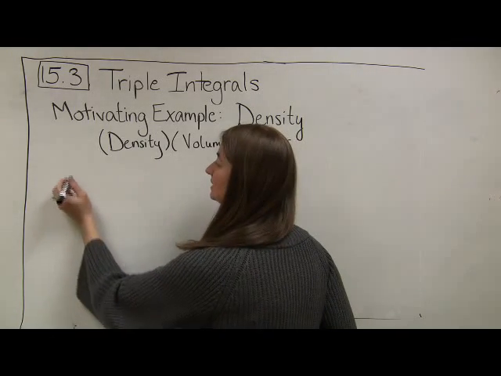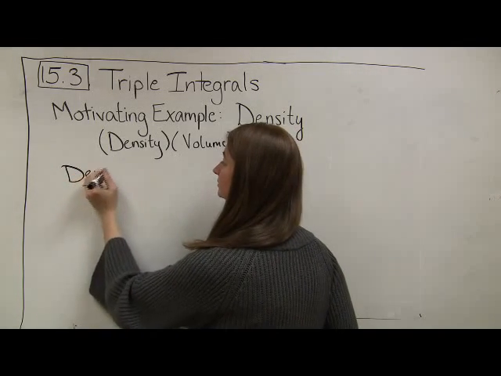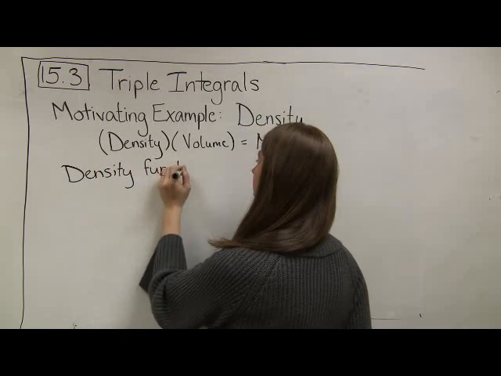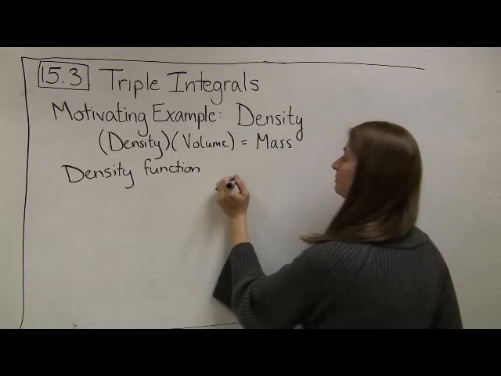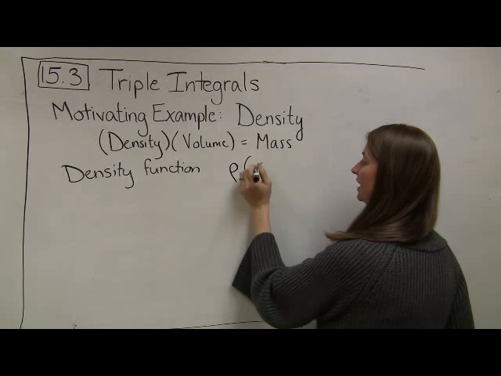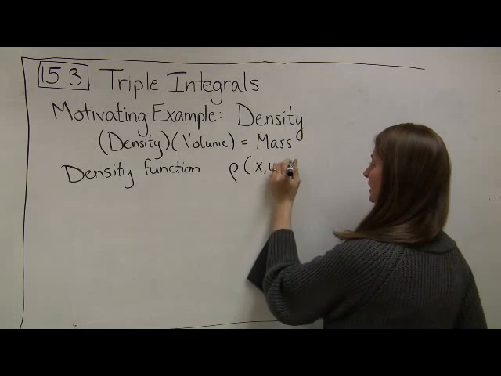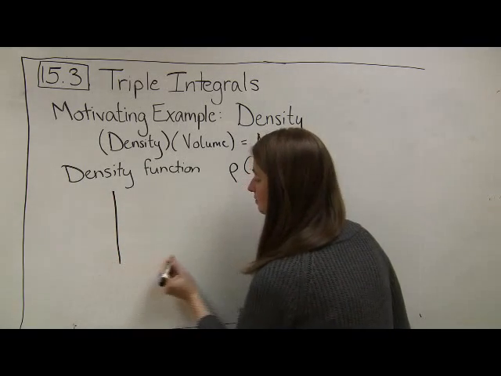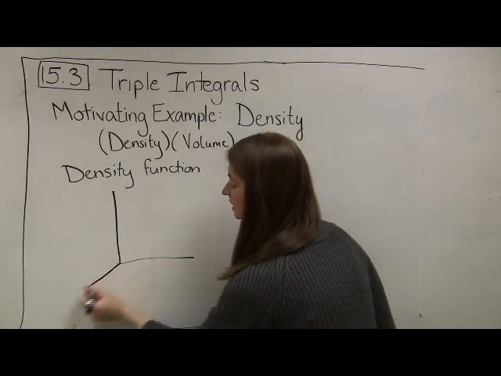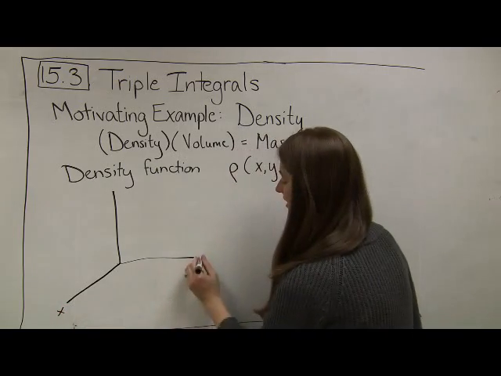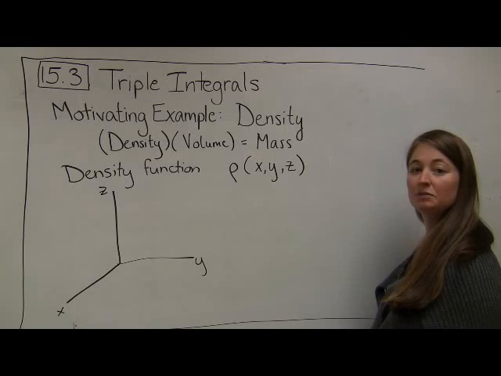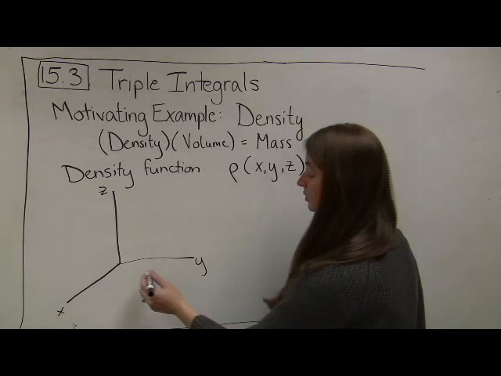Let's say that my density function is given by rho of x, y, and z. Meaning that if I find some point in three-dimensional space that has coordinates x, y, and z, I can plug that point into my density function, and it would tell me exactly how dense it is right at that point.